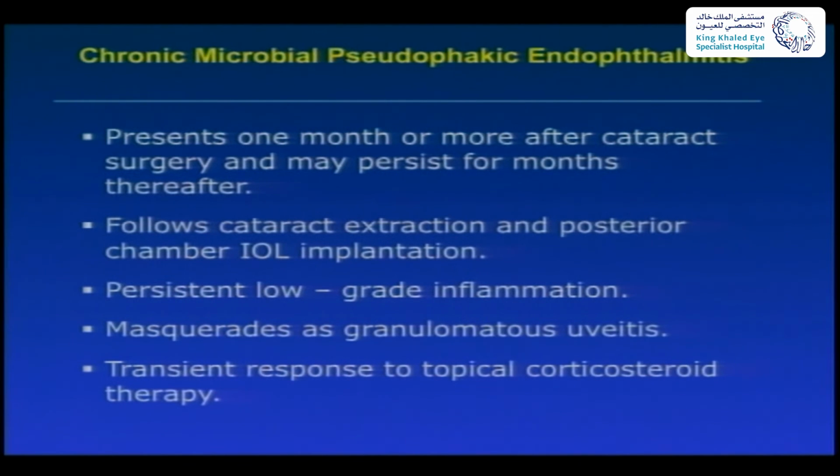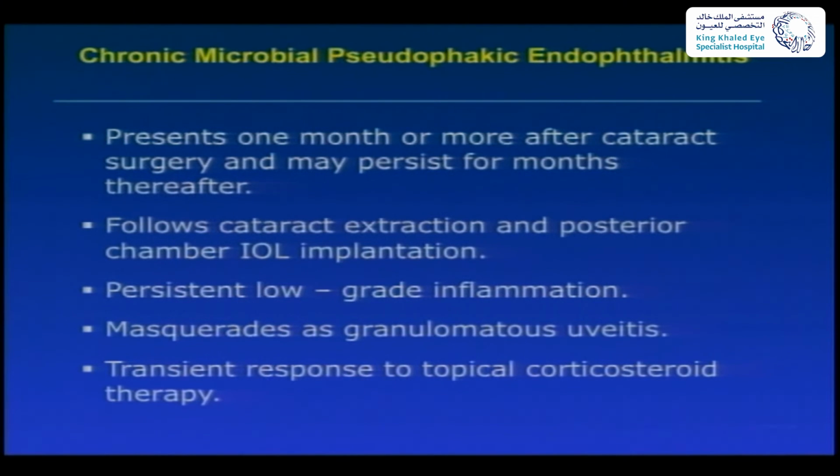It can present 1 month or more after cataract surgery and may persist for several months thereafter. This is a typical feature. Every one of us should have this in the back of his mind, so as not to miss a case. The patient can come with uveitis 1 month or more after cataract surgery.